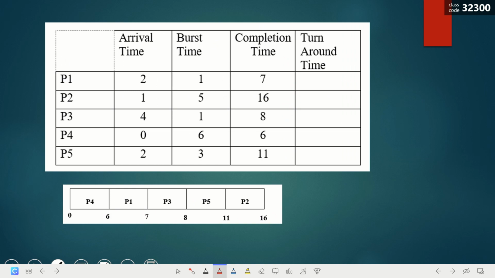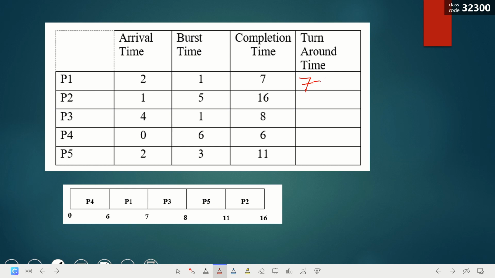To compute the turnaround time, we take the completion time minus the arrival time.